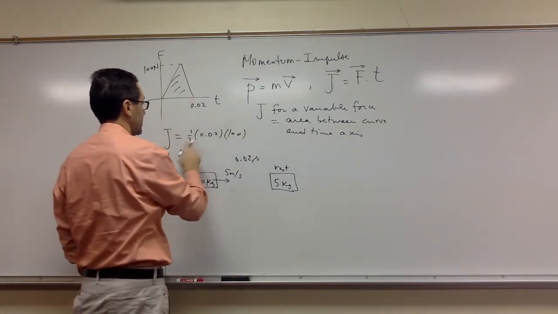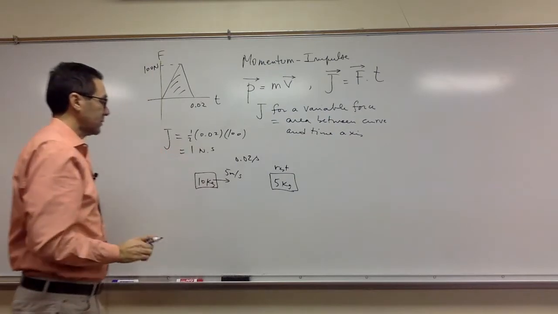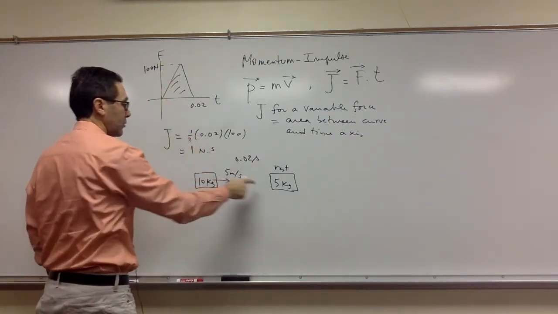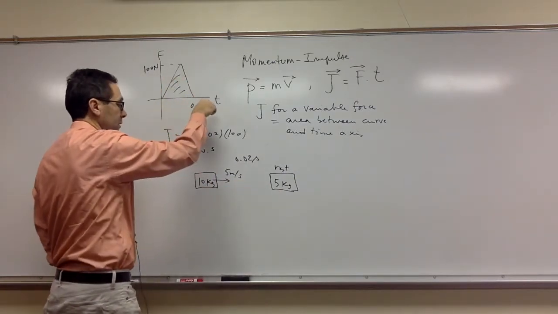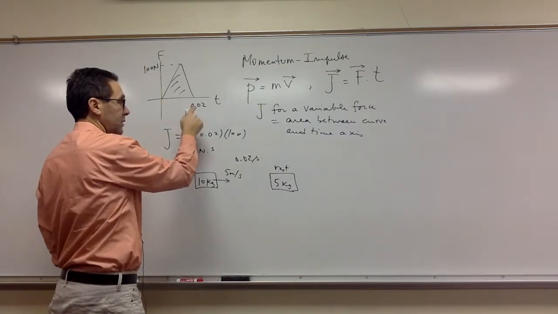So what is that? That should be just 1 newton-second. The graph for this one will be like that, assuming that the right is positive. For this one, it will be down.